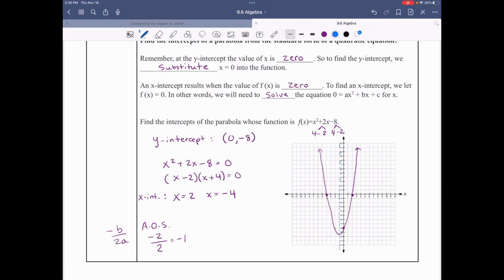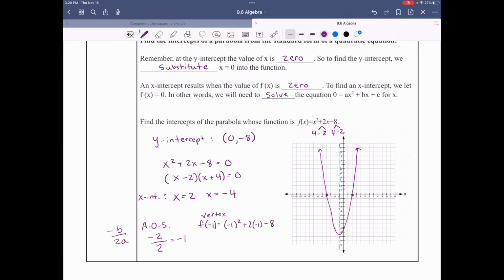And if we plug negative 1 into the equation, to find the vertex, instead of x, we're going to plug in negative 1. So negative 1 squared plus 2 times negative 1 minus 8.